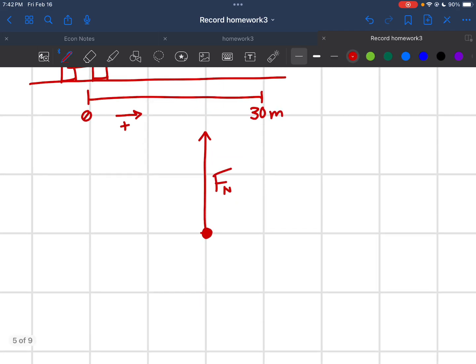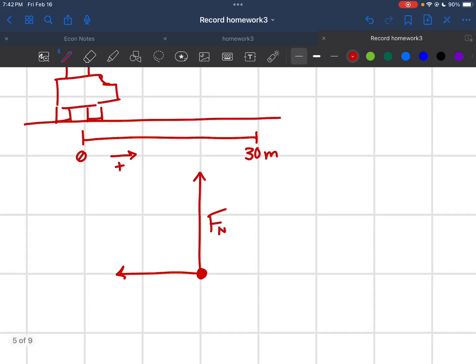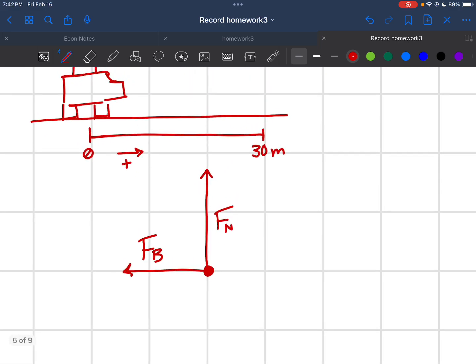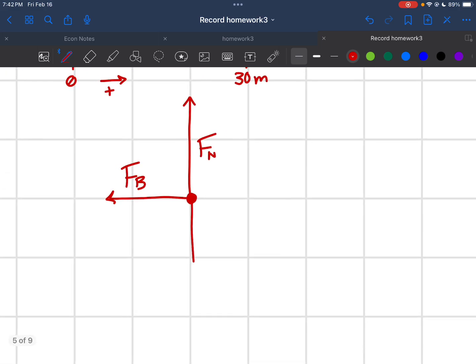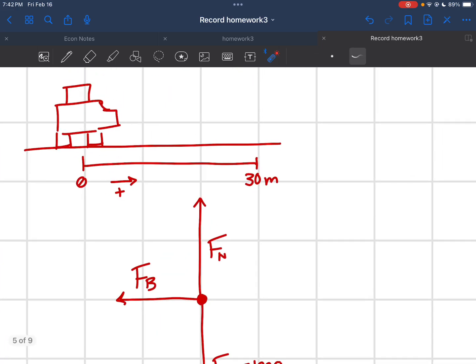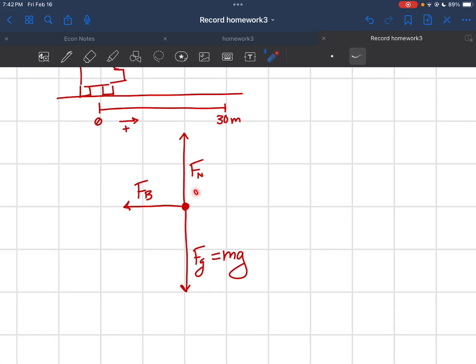So I'll have friction slowing me down, pulling the car backwards. I'll call that the force from the brakes. And then we're also on Earth, so we have to include gravity in there. mg.